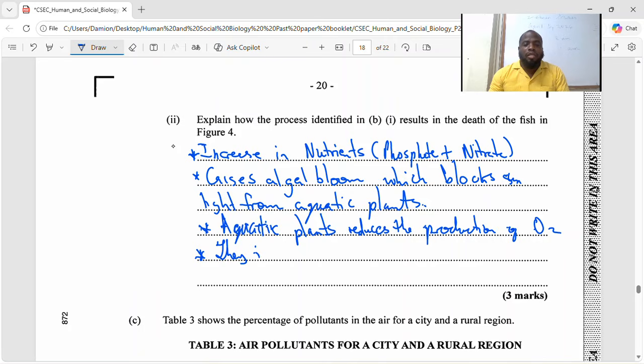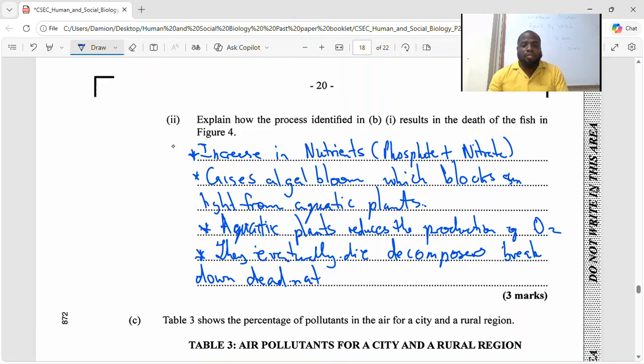They eventually die, decomposes, break down dead matter, which uses more oxygen.